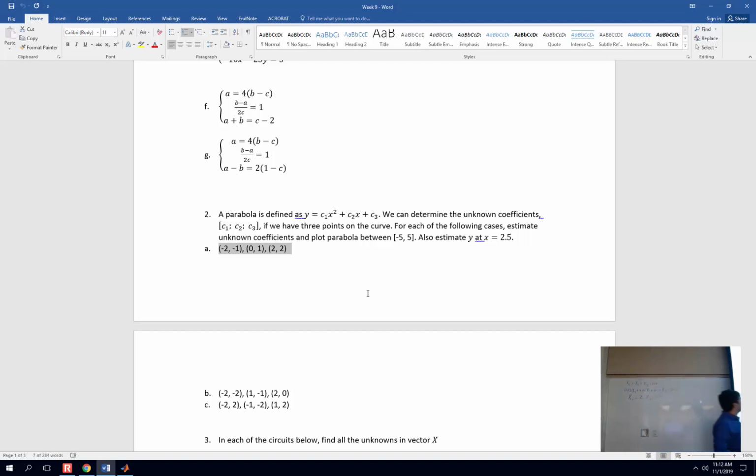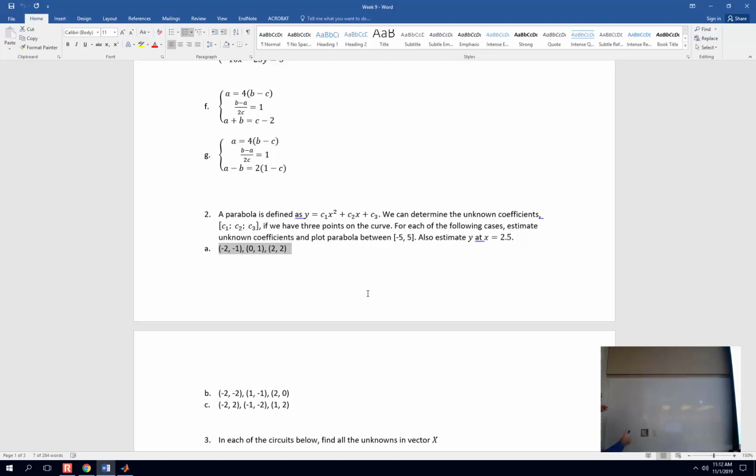What are these points? What is negative 2 and negative 1? X and y. So if I put negative 2 in, I should get negative 1. Then I have 0 and 1, so x is 0, y is 1. Then I have 2 and 2, so x is 2, y is 2. So I can just plug those values into my function.